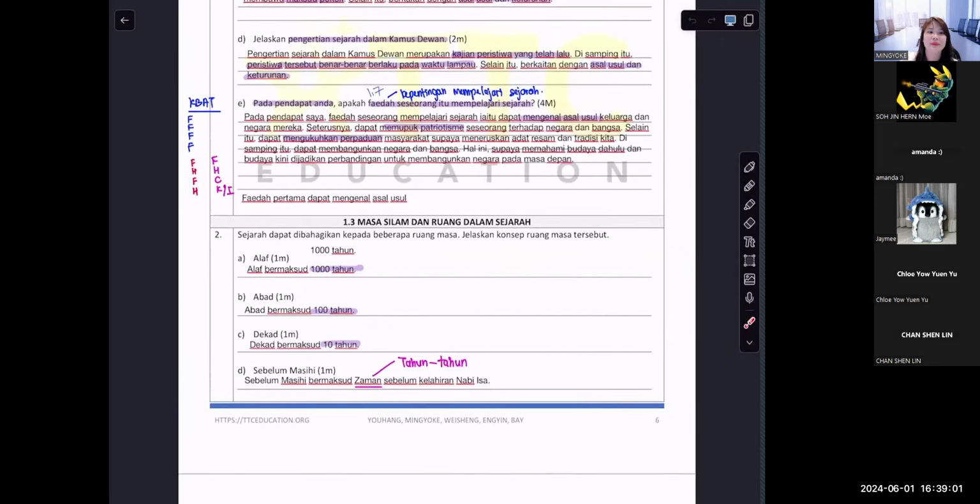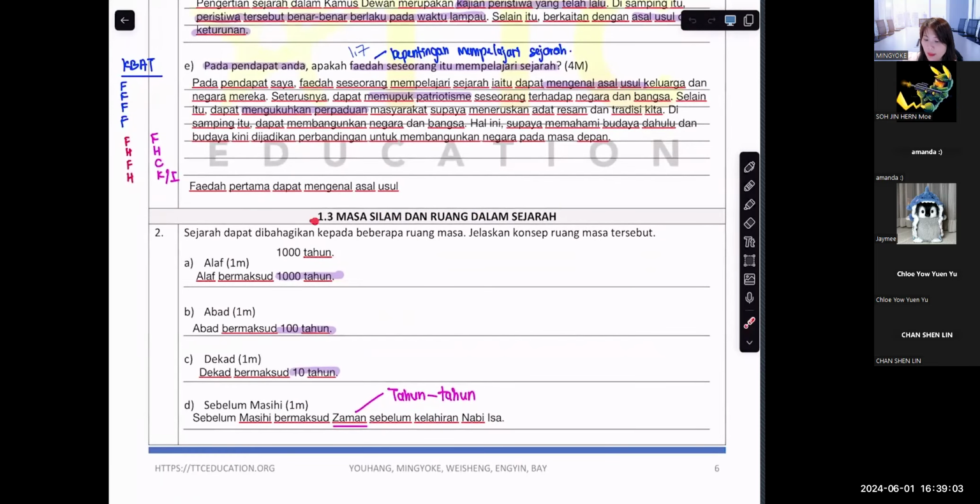Okay, good. Now, for example, again, you look. Remember, if your teacher says, ni kepala soalan, then you have to say, alaf bermaksud 1000 tahun. But if your teacher doesn't mind, because the standard answering technique is just the answer itself for a structure question, you can just put 1000 tahun, then 100 tahun, then 10 tahun.